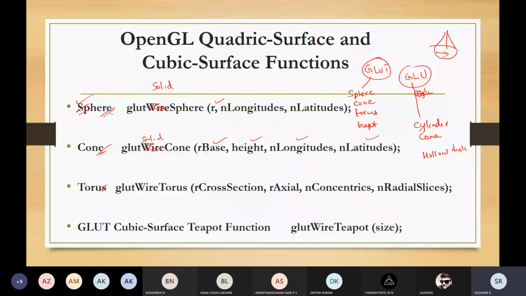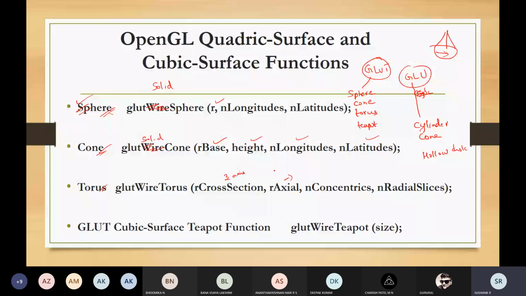And for the torus, we have r cross section, r axial, n concentric, and n radial slices. Cross section means the radius of the tube about the z axis. What does r axial mean? It is the distance of the circle from the center of the z axis.